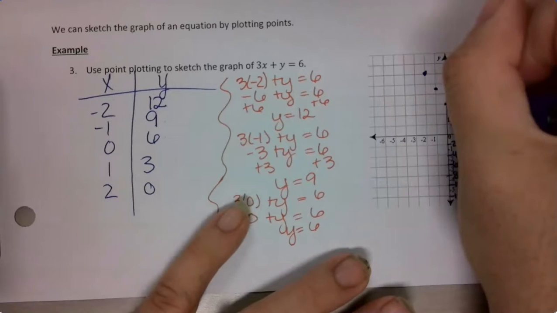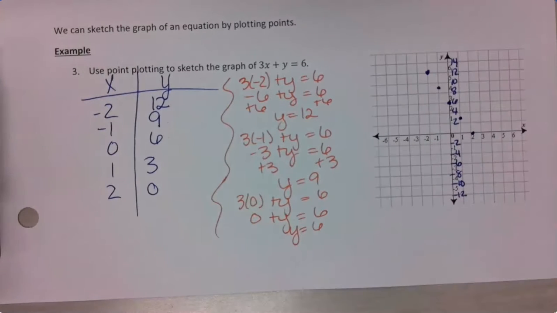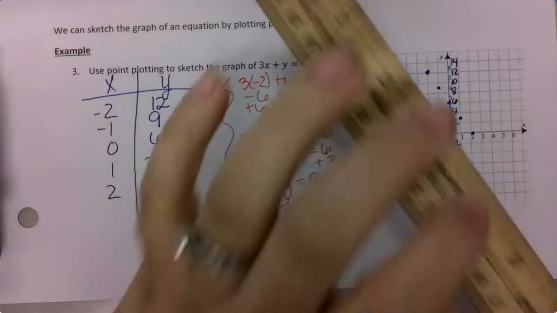Zero, 6, 1, 3, 2, 0. Okay. And then I want to connect my points.